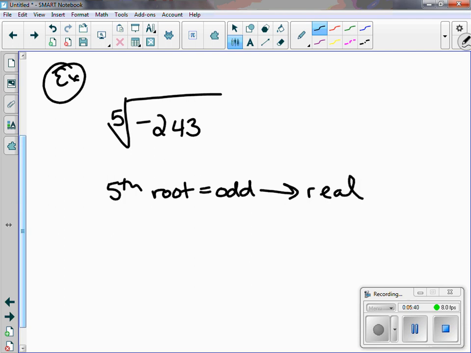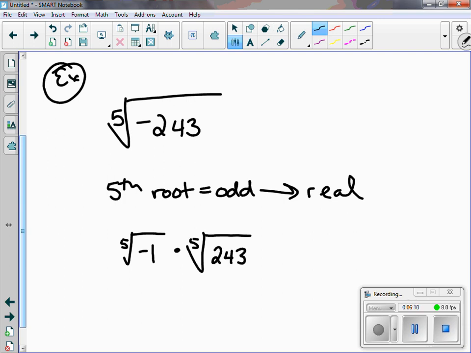Okay, so it's real, but we need to determine, is it defined? Is it not defined? How I look at this is I break down the fifth root of negative 243. I split it into the fifth root of negative 1 times the fifth root of 243.